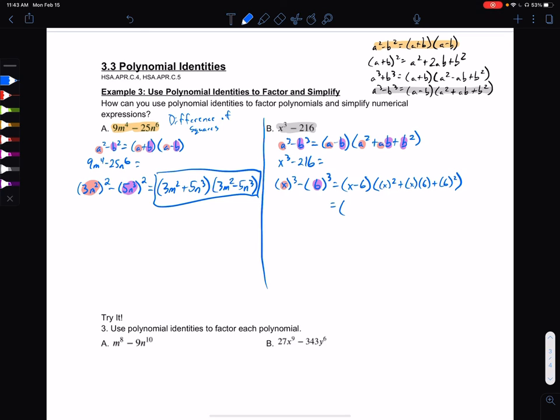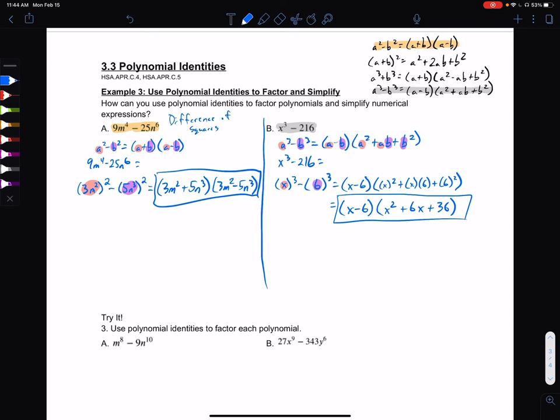I'll simplify that as x minus 6 times x squared plus 6x plus 36. Using my polynomial identities, that's what I would work that problem out to be.